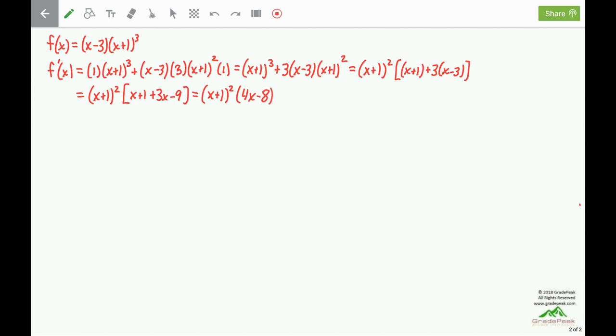This can factor a little further. It has a common factor of 4. That 4 will move out to the front of everything. Factoring a 4 out will leave behind an x minus 2. I'm going to write this in order with the x minus 2 first, just because it's a lower power by being quantity to the first power, and then the x plus 1 squared.